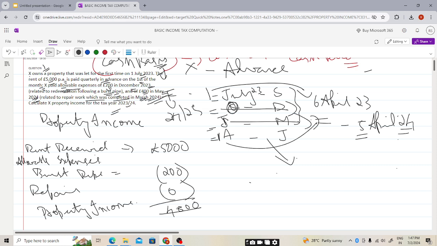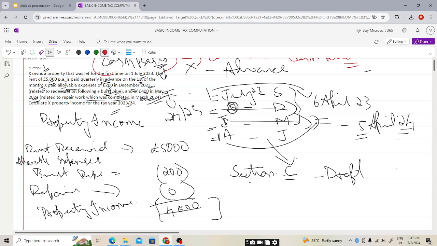4,800. So students, one basic point I'll be saying: in the taxation paper, in your section C, as you need to draft your answer, even if you did not mention this point you would be getting your answer as 4,800.